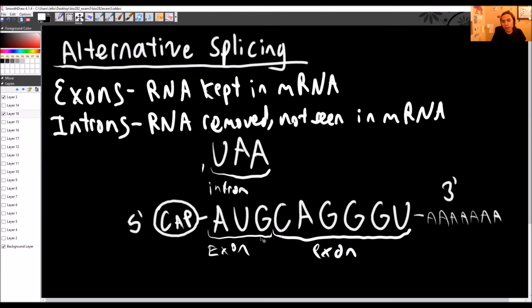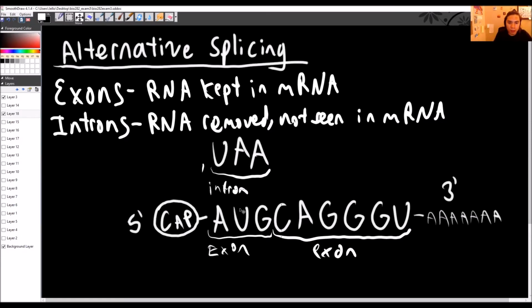This means that the exons that were kept are used to actually make the different amino acids in the correct order. This means that our exons are the portion of RNA that are expressed, where expression is determined by it being translated. So our intron was not expressed. It was removed before it could be translated.